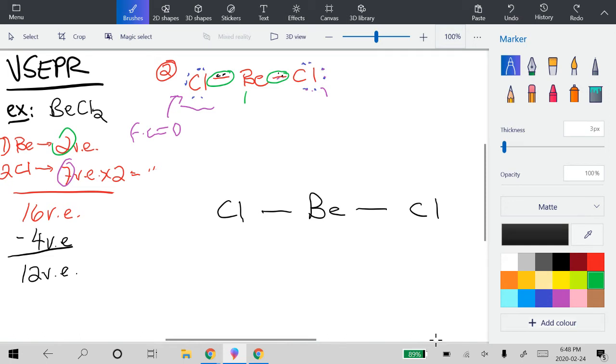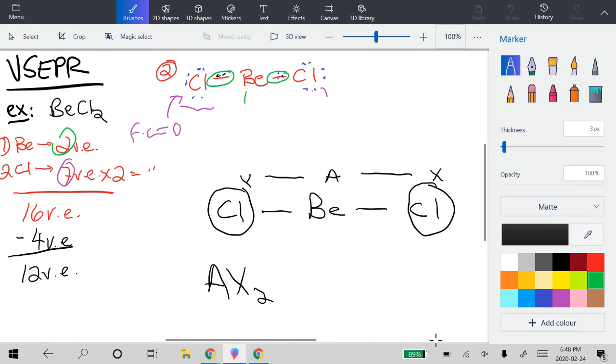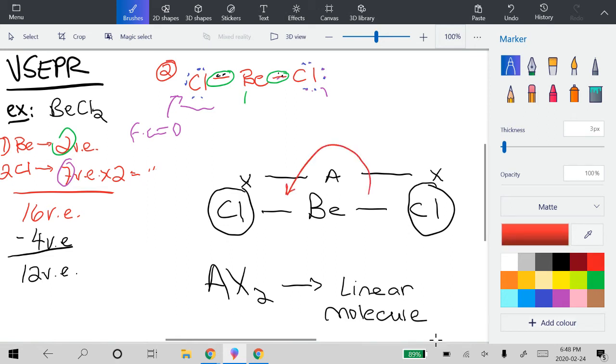The VSEPR notation of this is AX2 because there's 2 X's bonded to my A. And that leads us to the VSEPR 3D shape of a linear molecule. And in a linear molecule, the bond angles are 180 degrees. And that's all you need to know for the first example.